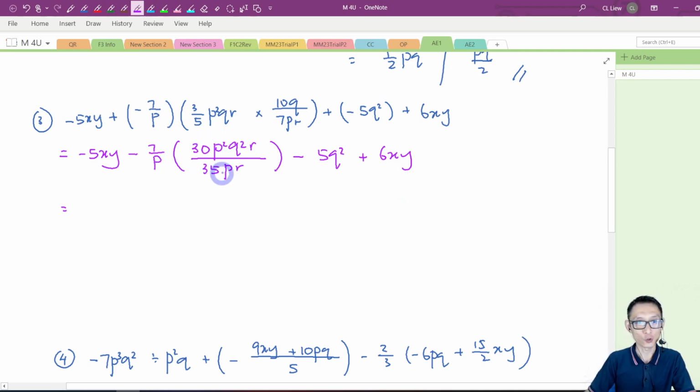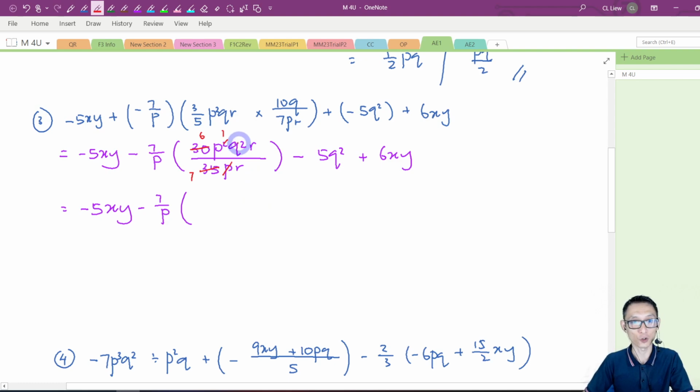Now I can start to simplify here. Let me do the simplification for this part. Divided by 5, divided by 5. Okay, P square, P, cut this one. Q square, we cannot do anything, just copy it later.